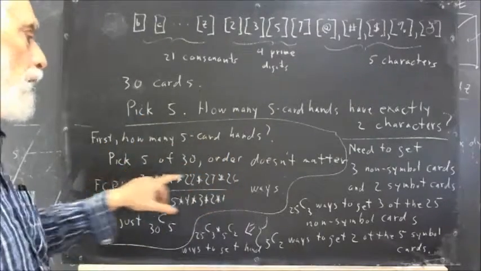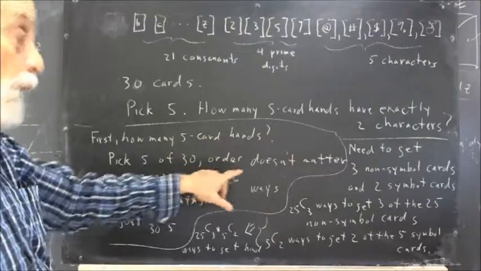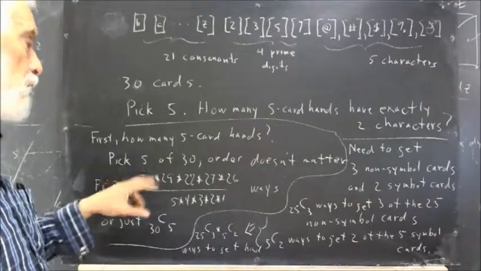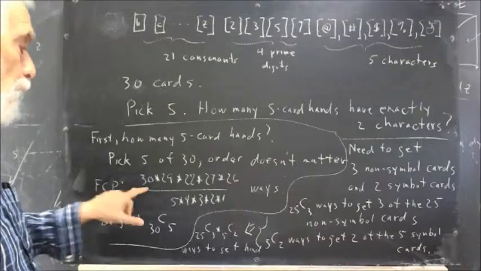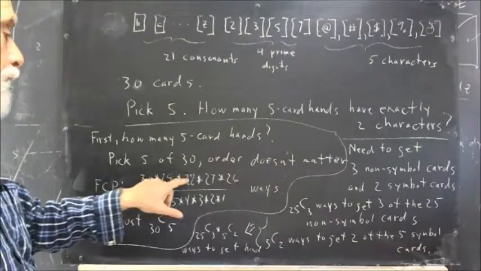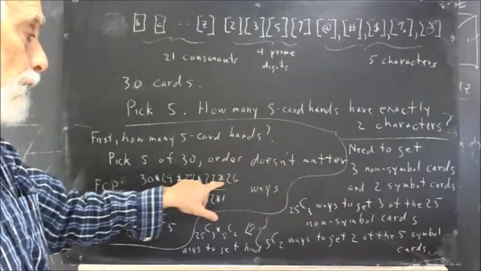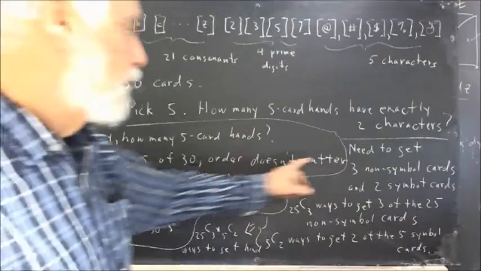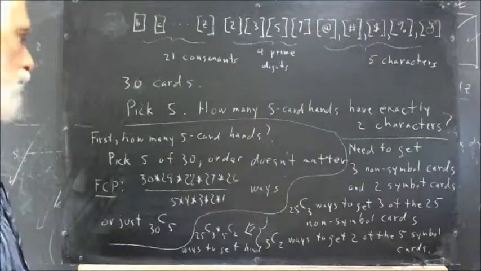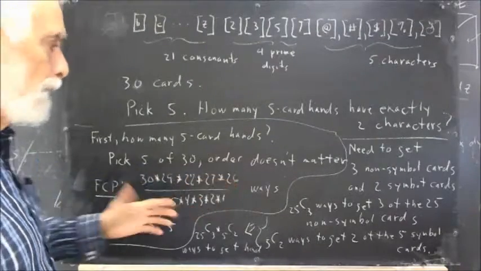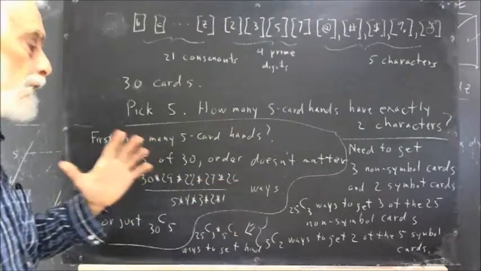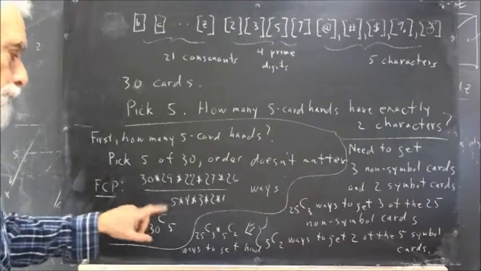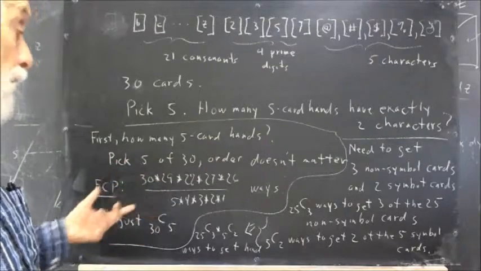Now, if we pick the 5 of the 30 cards in order, there are 30 choices for the first, 29 for the second, 28 for the third, 27 for the fourth, and 26 for the fifth. But if order doesn't matter, then any given ordered selection of cards could appear in 5 factorial possible ways.